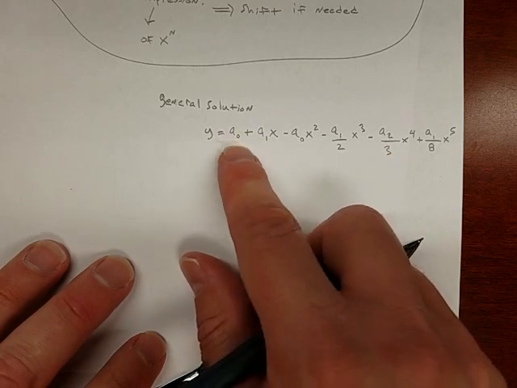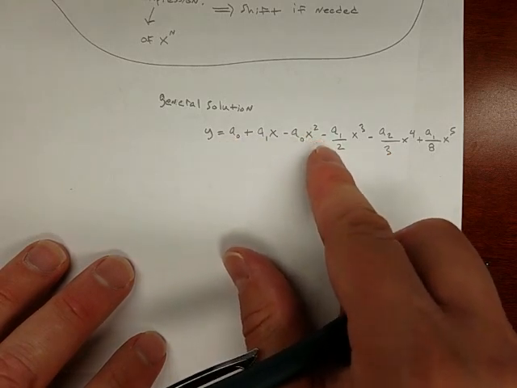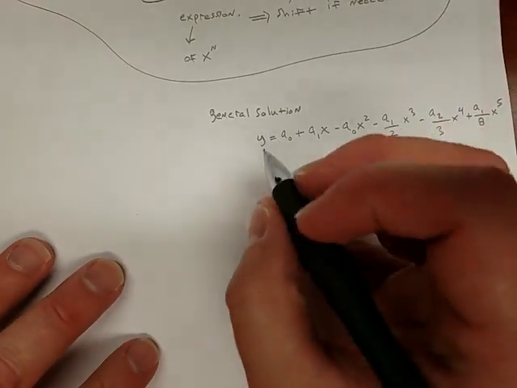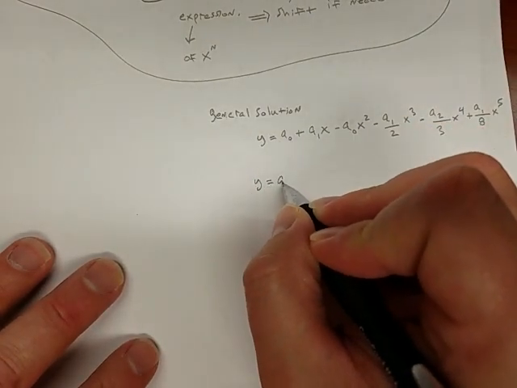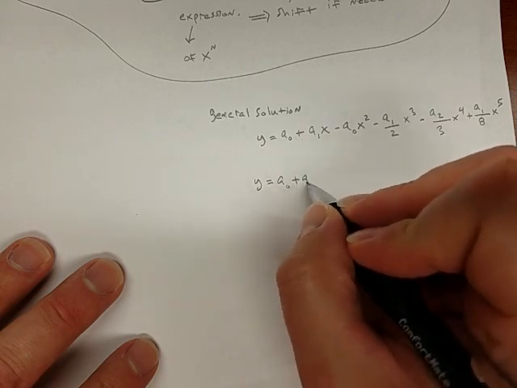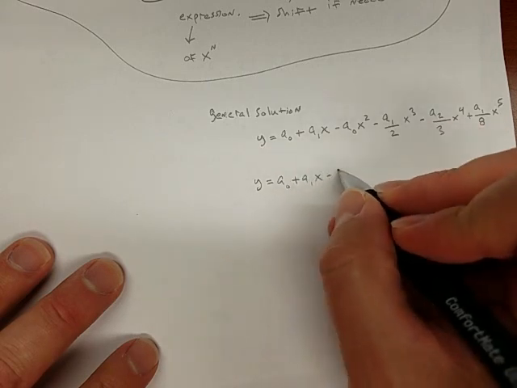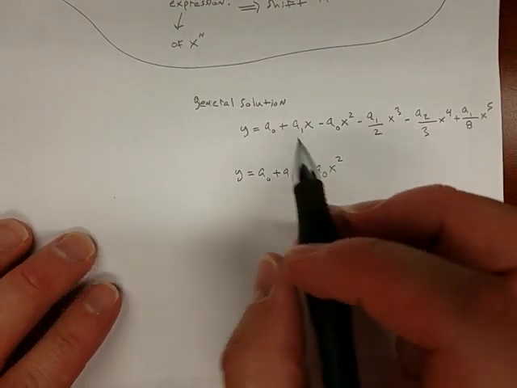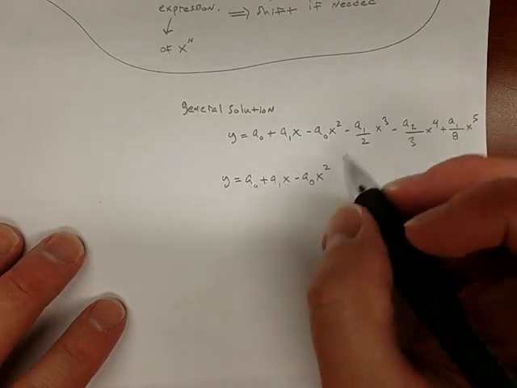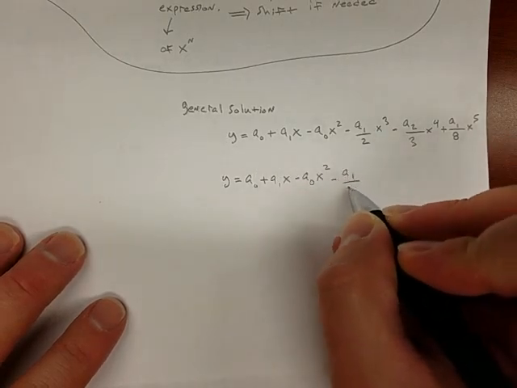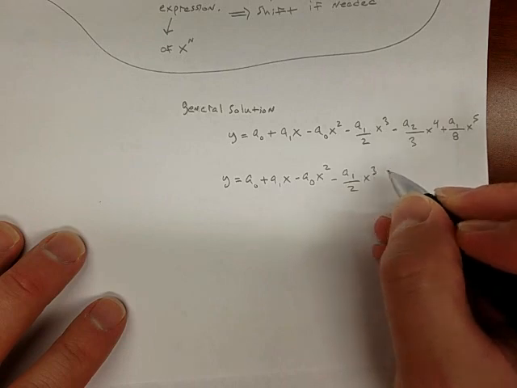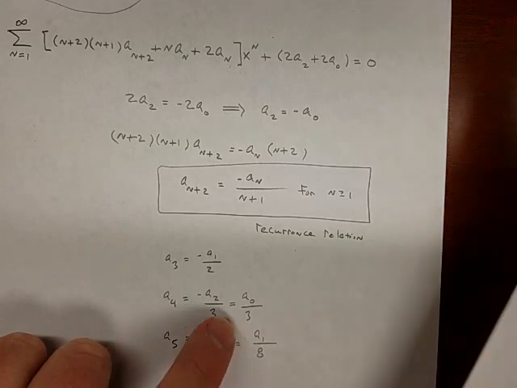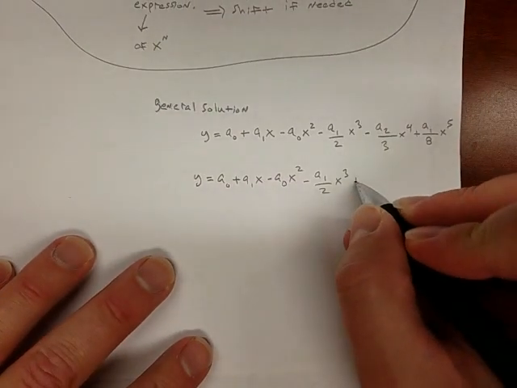That's what I noticed about this. It's got a0, a1x, a0 x squared, a1 over 2, and then it's got this other thing, a2 in it. So I can't have that. So here goes. To give you my general solution in terms of just two unknown constants, which is what we normally do when we solve differential equations, I would get this. But for the a2 over 3, I'd really want to say a0 over 3, and it's positive.